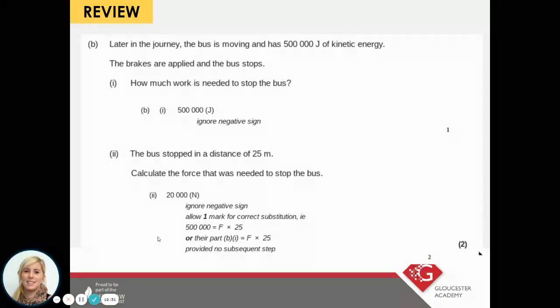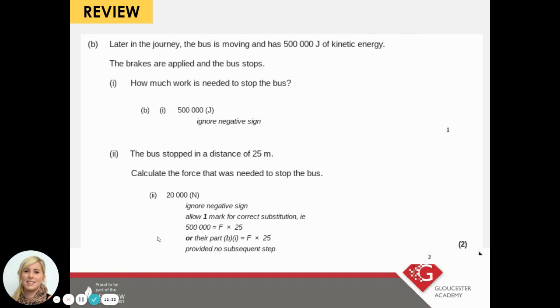You divide that by 25, and you should get a final answer of 20,000 newtons. So if you've got 20,000 newtons, then that's worth 2 marks. So for that one, you might have used the triangle and you're rearranging the equation to work out force, because force equals work done divided by distance.